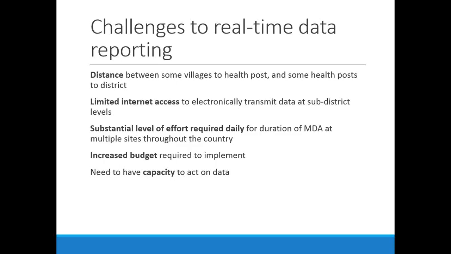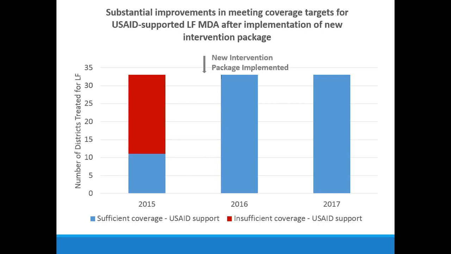Sometimes also the budget is not flexible. So this is something that can also be challenging. And also we need to have the capacity to act on data. If you remember, one of my first graphs was showing 2 colors, the red color and the blue color. It was between 2013 and 2015.